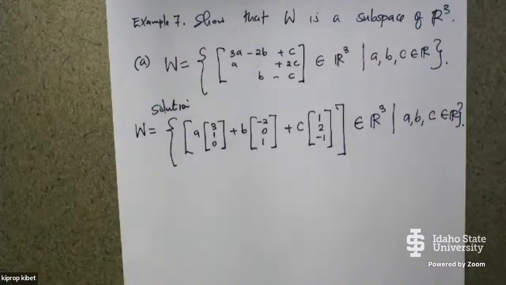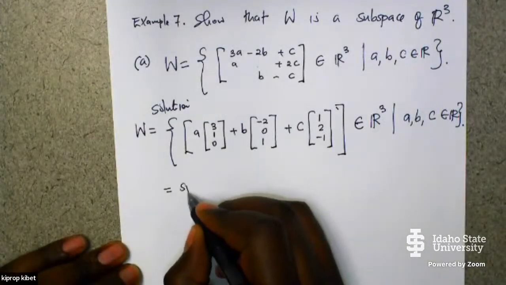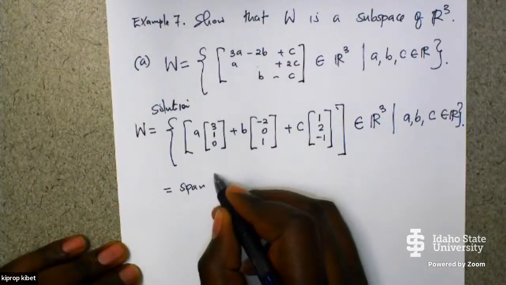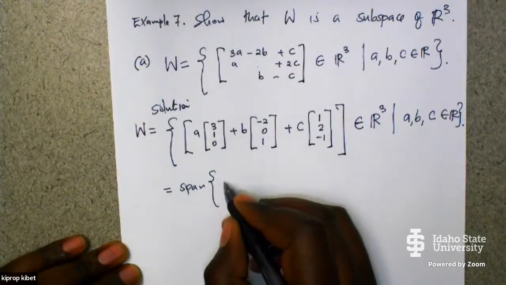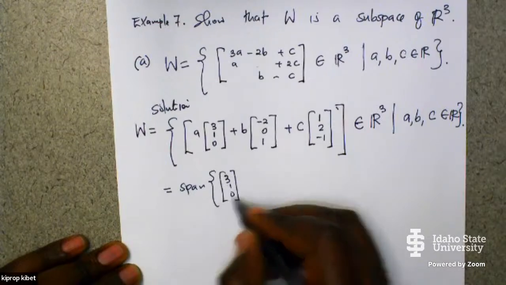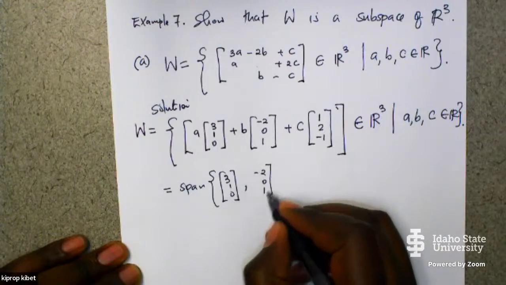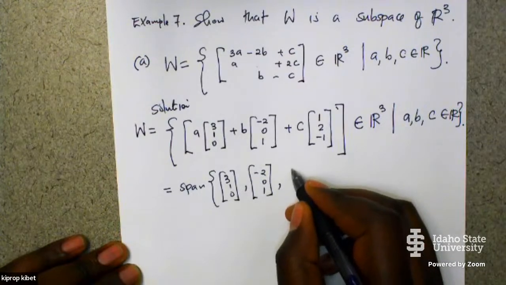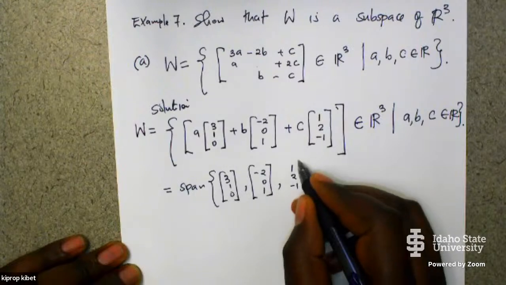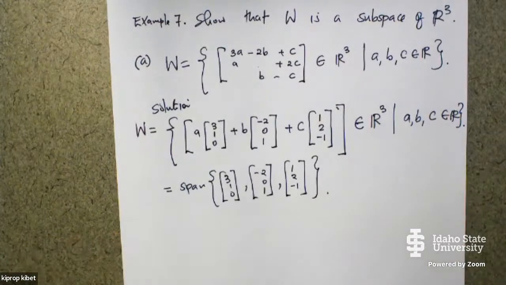Therefore, this is the same as the span of the vectors (3, 1, 0), (minus 2, 0, 1), and (1, 2, minus 1).